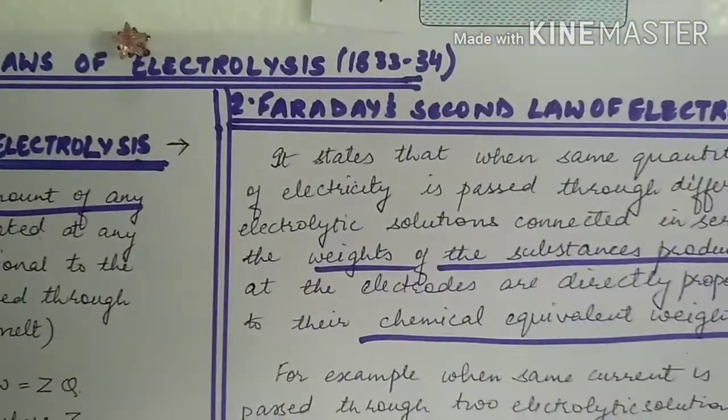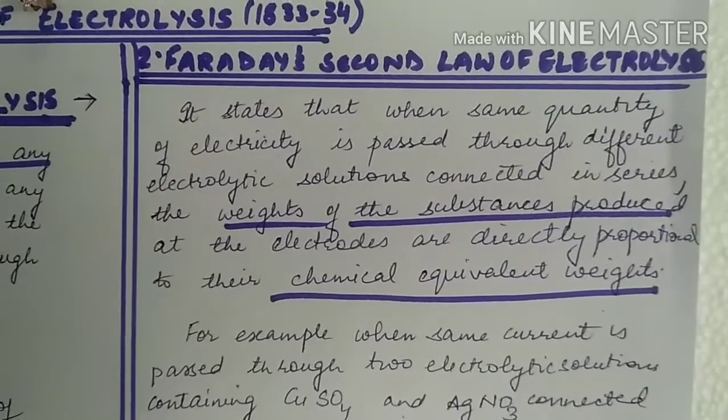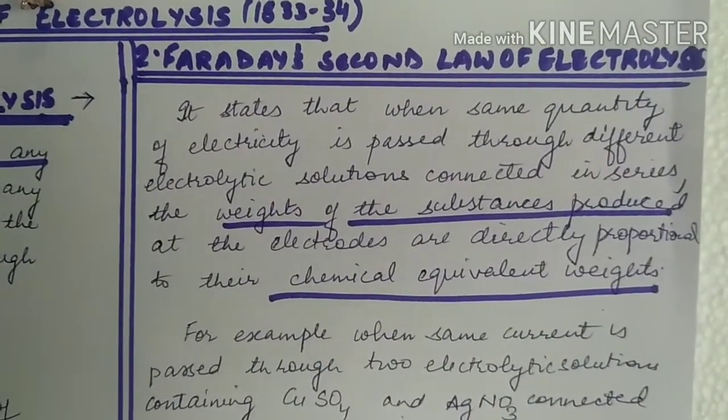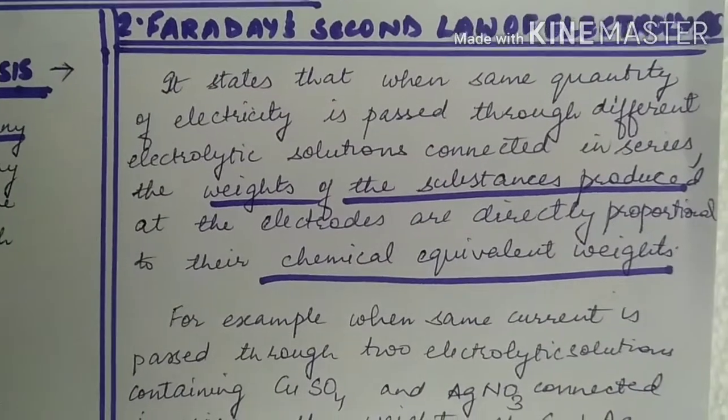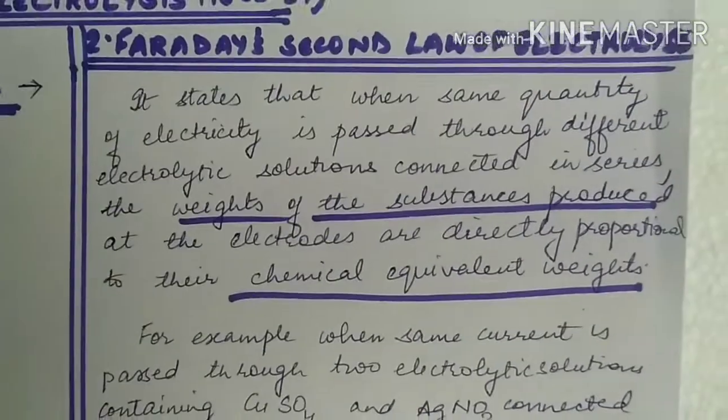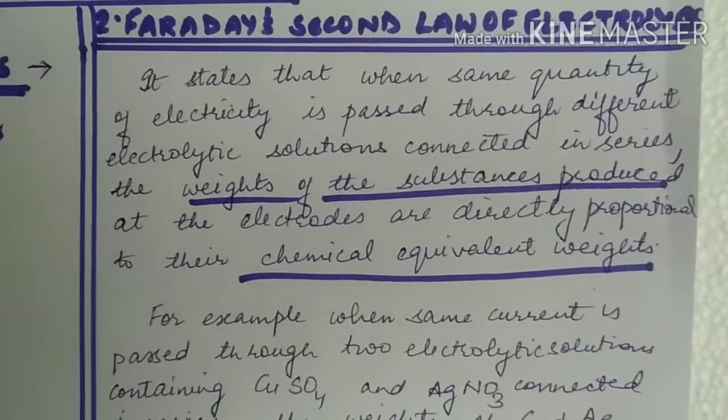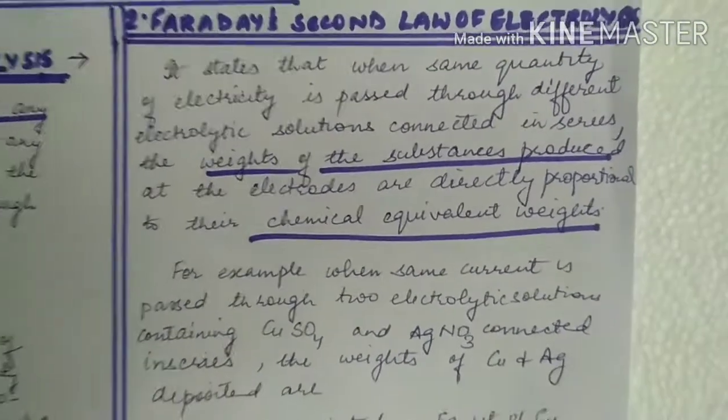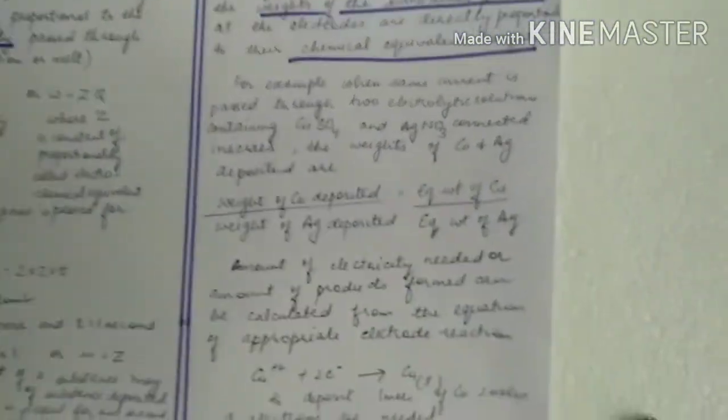The second law of electrolysis states that when same quantity of electricity is passed through different electrolytic solutions connected in series, the weights of substances produced at the electrodes are directly proportional to their chemical equivalent weights.